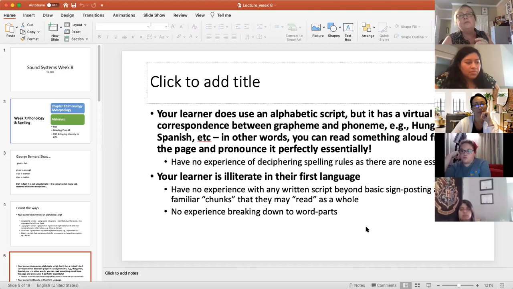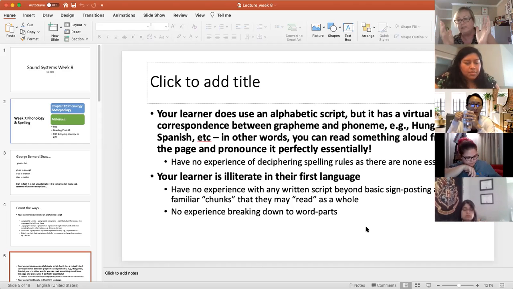Your third option is that you have an adult learner who is illiterate in their first language. So they have no experience of any written script. Obviously, they will have a lot of experience with signposting, labels and things like that, but these will all be chunks looked at as a whole.